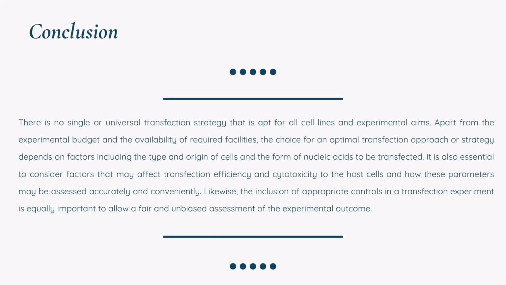So while selecting the transfection strategy, we have to analyze to what degree of efficiency or what degree of cytotoxicity can occur in the experiment. You have to analyze everything. We have to optimize a lot of factors, and we have to select a suitable transfection method and use it for your experiment. So that's all for the video lecture.